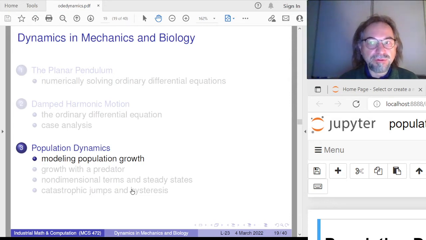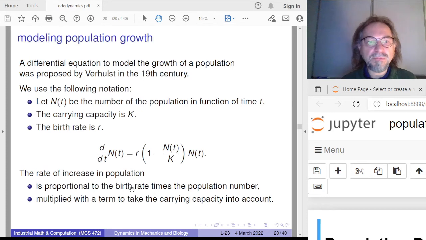We are going to consider this model again, but now assume that there is a predator present. Here is the model as it was proposed in the 19th century. It's attributed to Verhulst.